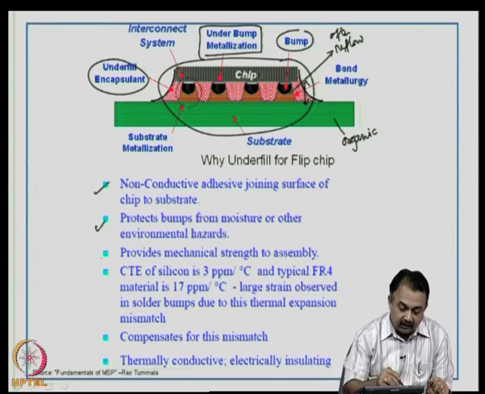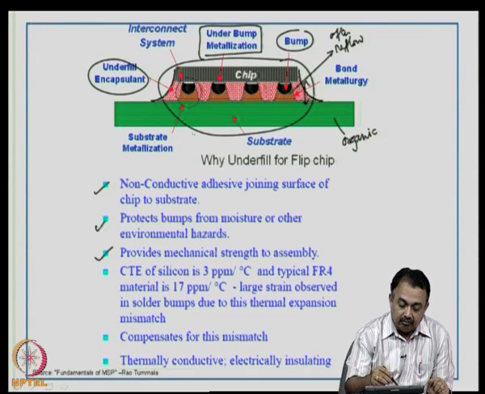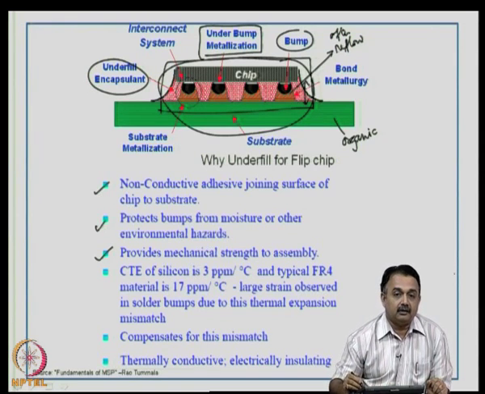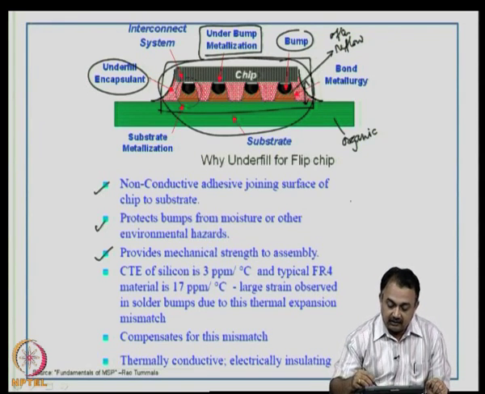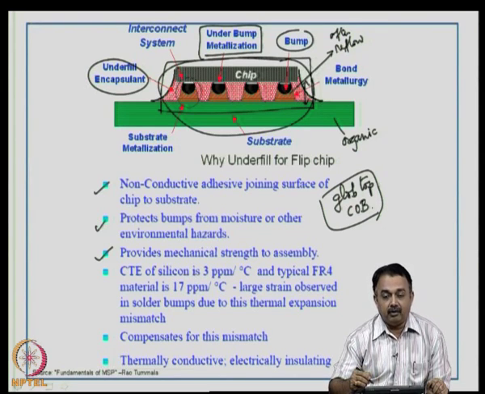It provides mechanical strength to the assembly. So, after establishing the bond, you can see that the underfill system protects the entire assembly. Compare this with a glob top I talked to you about. Glob top is used in a COB, whereas underfill is used for a flip chip on board.